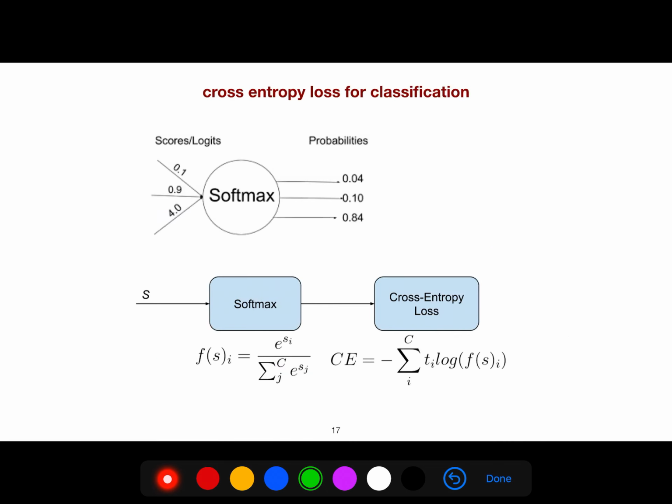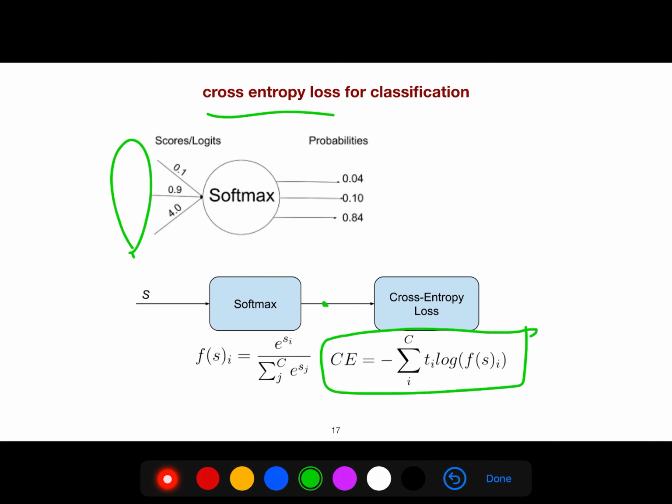But you could also use cross-entropy loss for classification. Because you have some logits, you transform them and normalize them using softmax, and it becomes like a probability distribution. And then you have your cross-entropy loss.